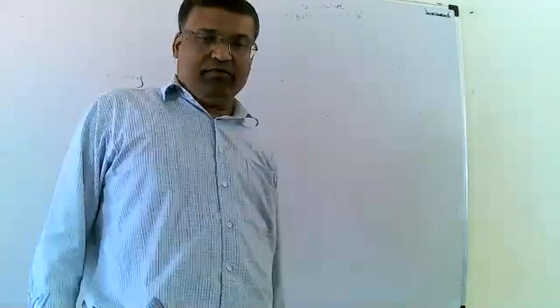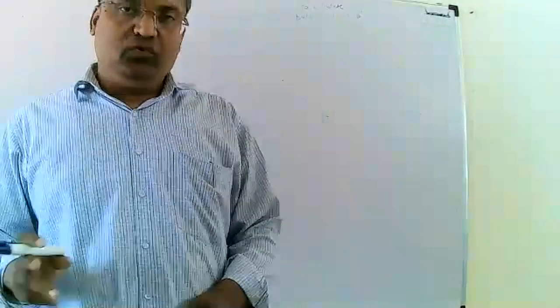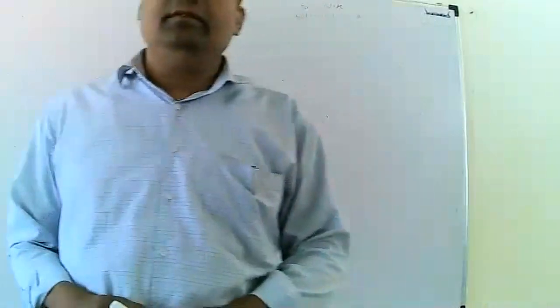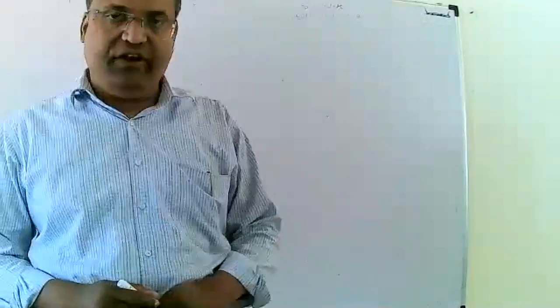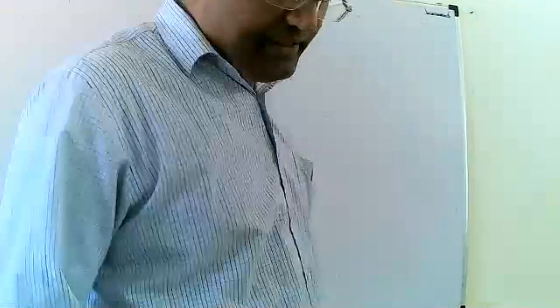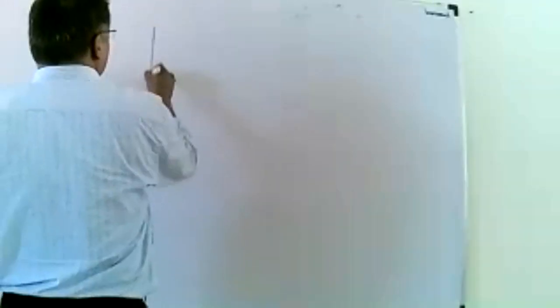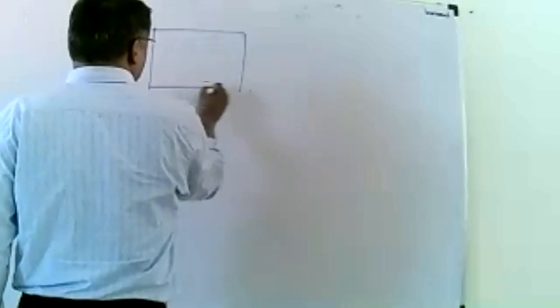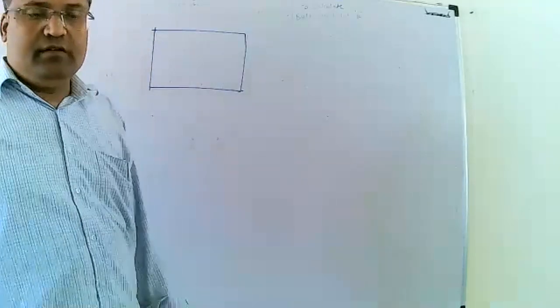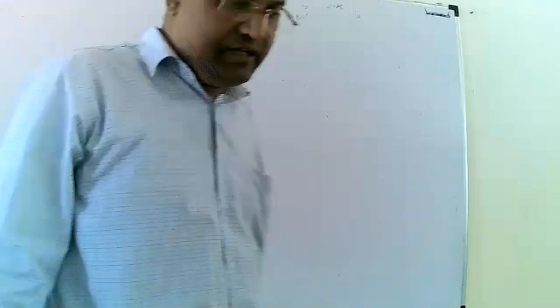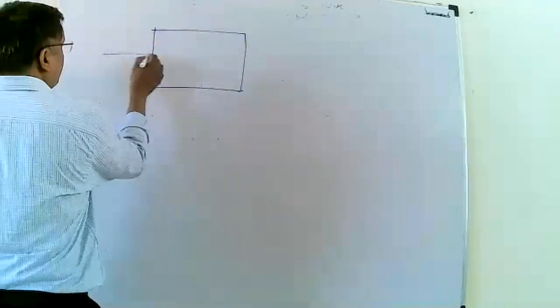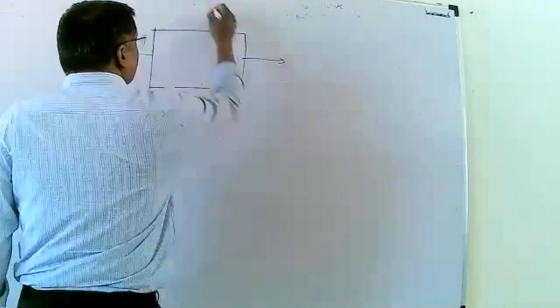In this problem, you have to provide two things: the stress induced along the x and y directions. If you see the problem, this is the diagram. This is the x direction.